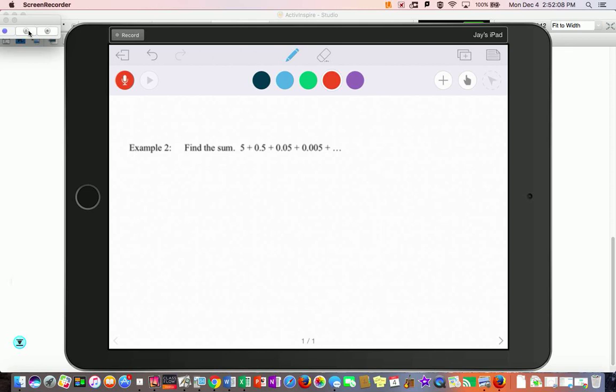All right, so on this problem, you can take your 0.5 divided by 5. You can take your 0.05 and divide by 0.5. You can take your 0.005 and divide by 0.05. So if you do all these, what do we get?